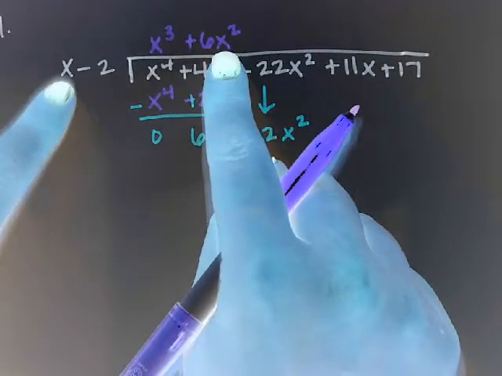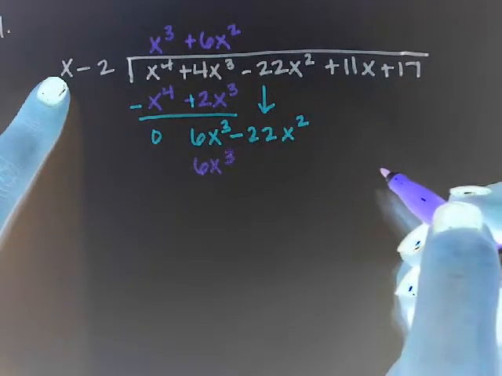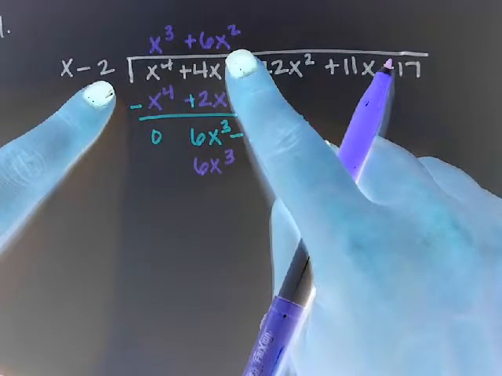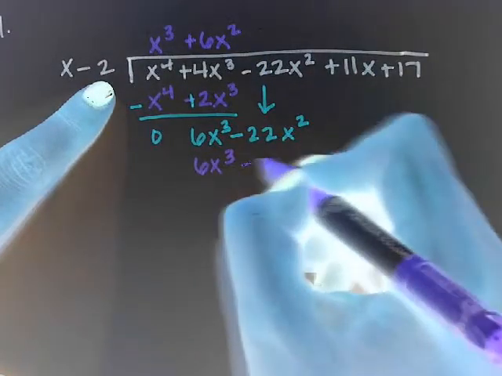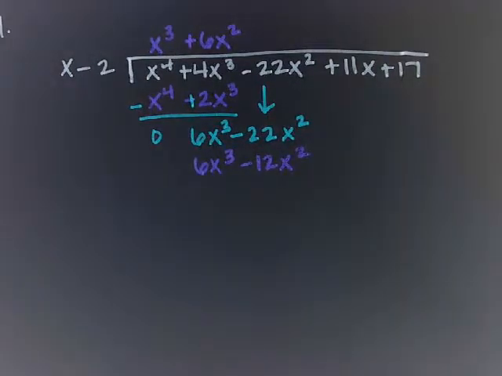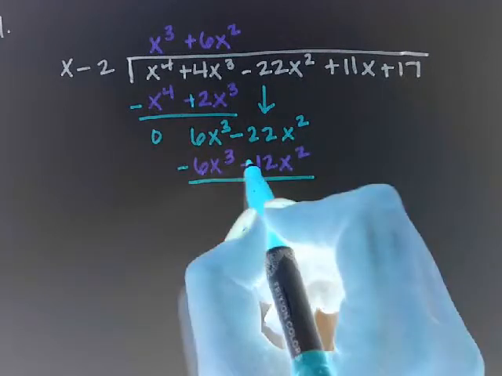Okay, so 6x squared times x is 6x cubed. And then what else? So we're going to minus 12x squared. And then we draw the line, change the signs.